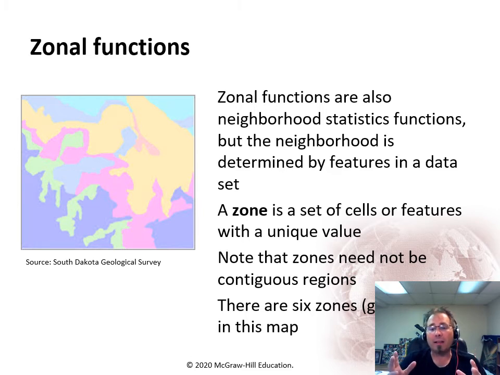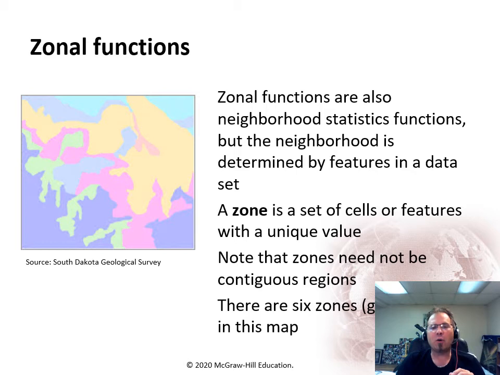What I realized is zonal functions are very handy. It's like a neighborhood function, but it allows you to combine either two rasters, or a raster and a vector, together to get back something you would never have been able to do otherwise. I'll show you this as an example.